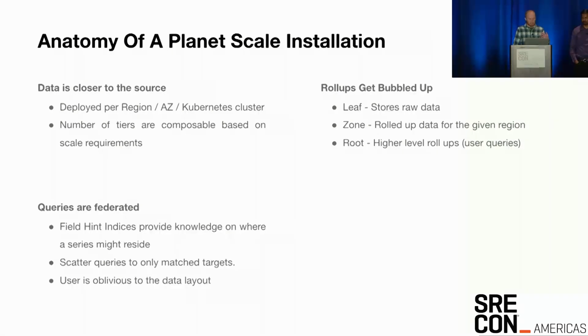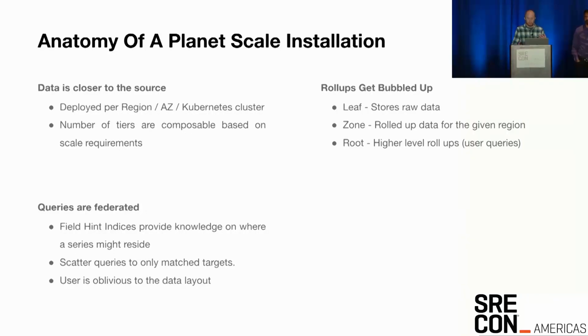Another aspect of this is, if we're pushing everything out to the edge and keeping data closer to the source, we have more storage systems or deployments that we have to potentially interact with. So how do we avoid blindly querying all of them, which would be a non-starter from a query scaling perspective?